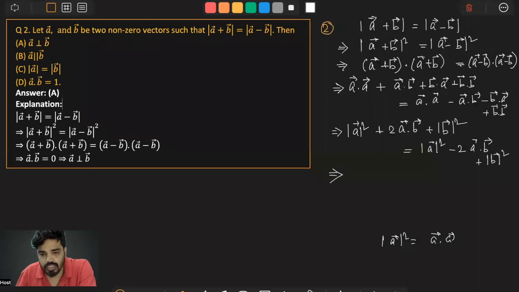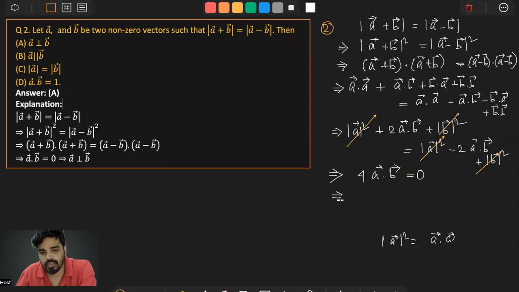So we see that modulus A minus B square is modulus A square minus 2A dot B plus modulus B square. So this term and this term vanish. So ultimately what we get? You get 4 A dot B is equal to 0.